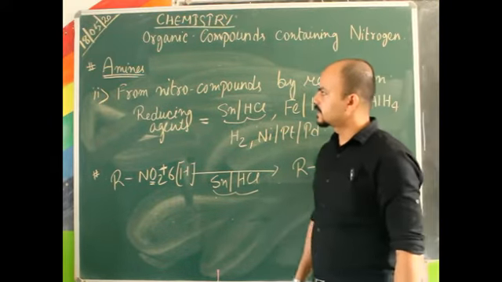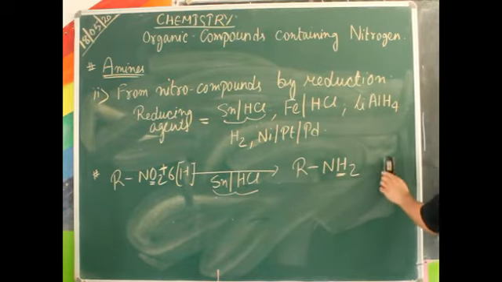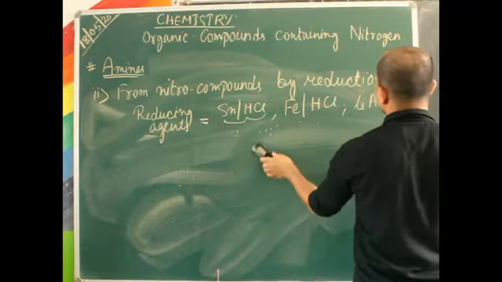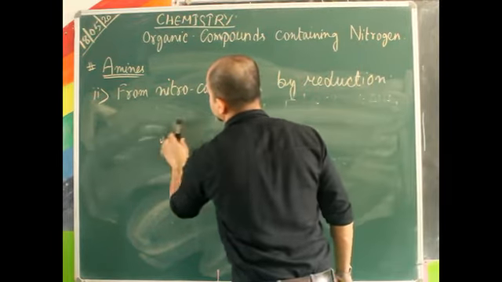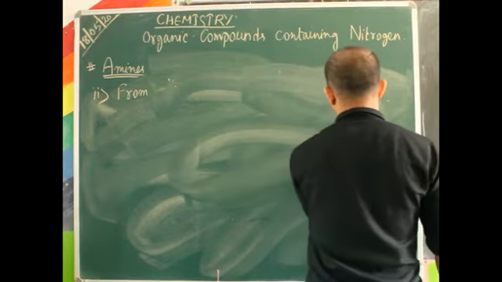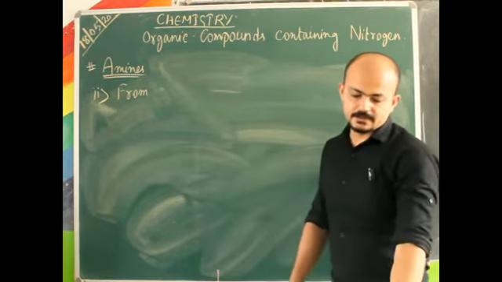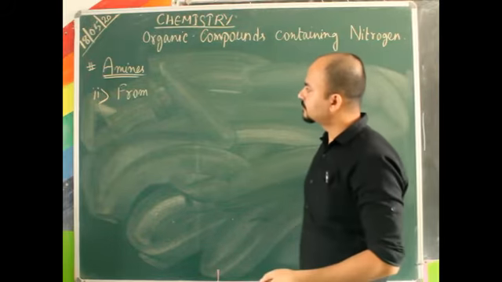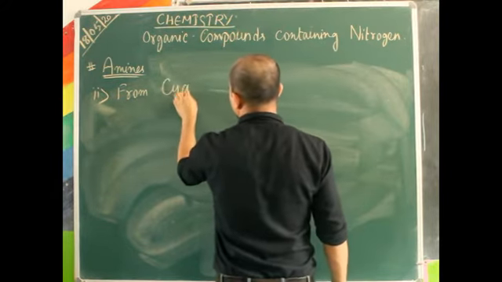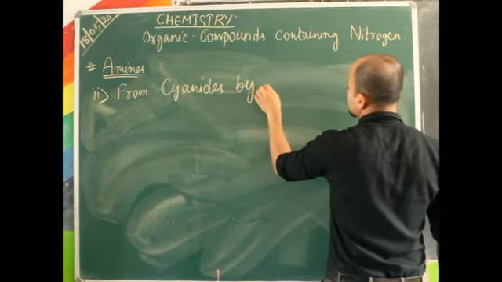Now let's discuss another method of preparation, and that is from cyanides or nitriles. The next method of preparation is by reduction of nitriles, or you can write from cyanides by method of reduction.